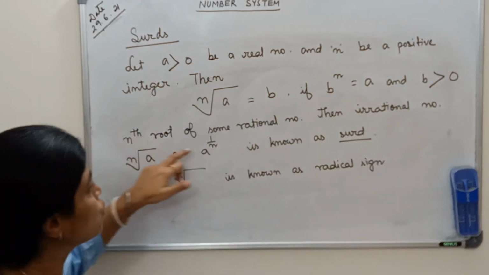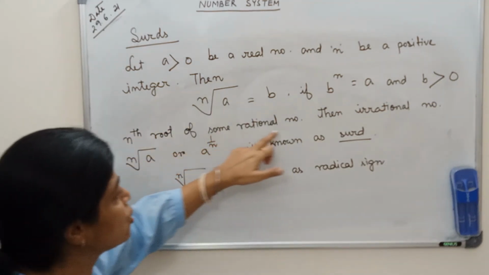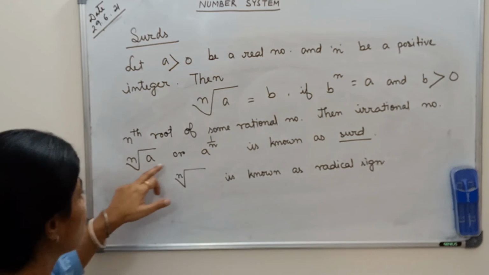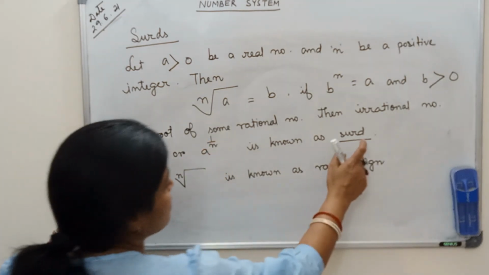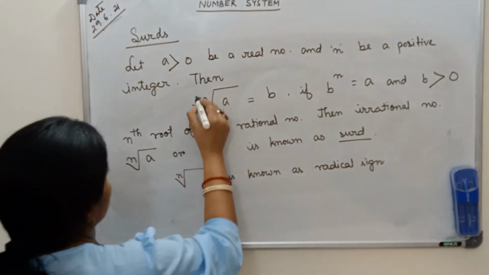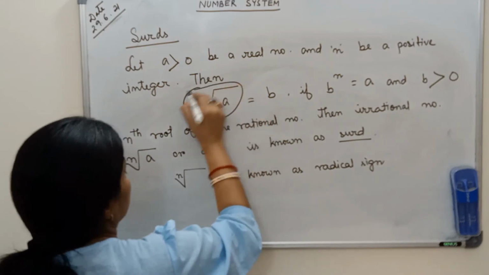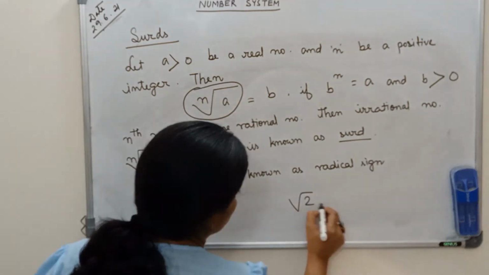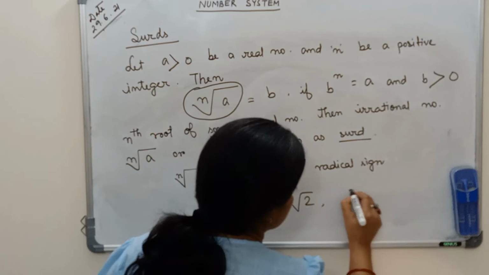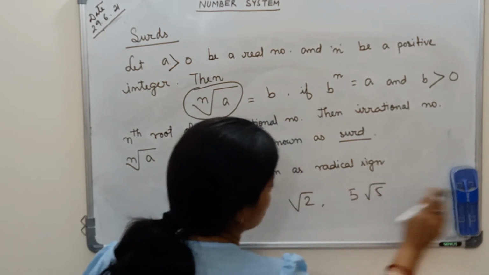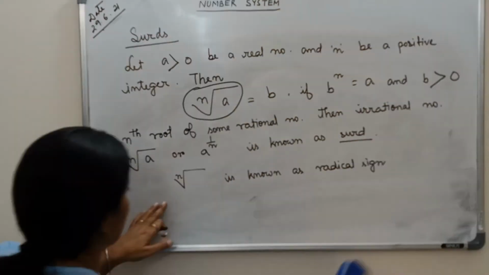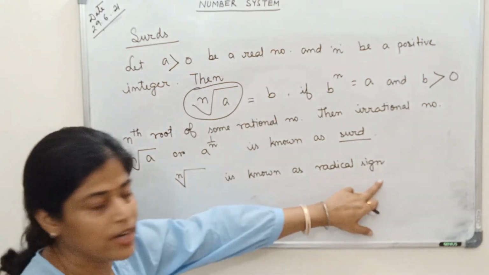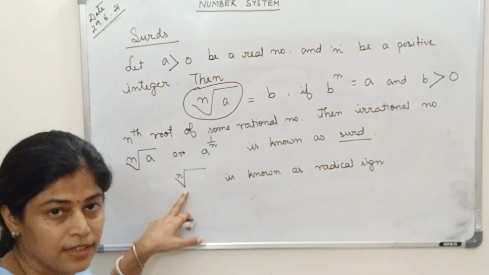Then the nth root of a rational number, which is irrational, that is nth root of a, is known as a surd. So any number, suppose root 2 is a surd. If I say 5 root 5, these are all surds. And this sign is called the radical sign.